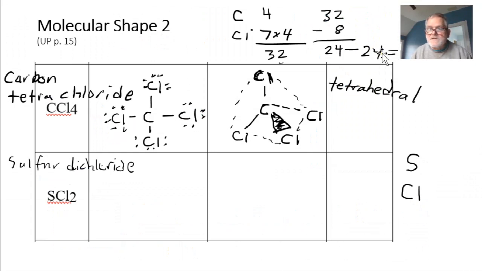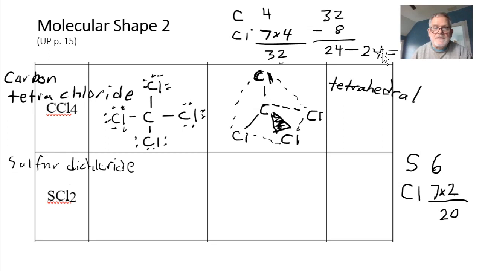So sulfur has 16 minus 10 is 6 valence electrons. Chlorine has 17 minus 10 is 7 valence electrons, but I have to multiply by 2 because there are 2 of them in the molecule. So that's 14 plus 6 is 20 electrons.